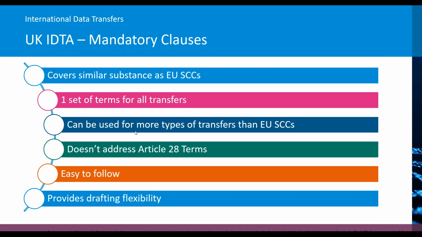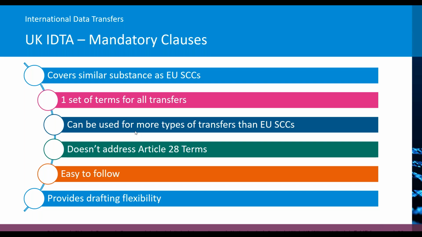There's only one set of terms for all data transfers, by contrast to the EU SCCs, which obviously deal with terms in modules. You have 4 modules under the EU SCCs which have to be used for different types of transfer. So module 1, for your controller to controller transfers, and different modules for controller to processor, processor to processor.